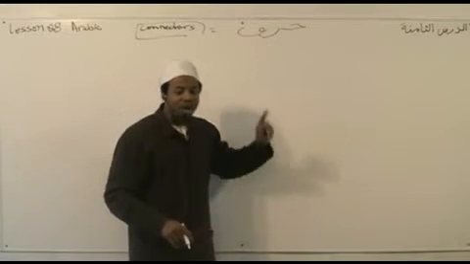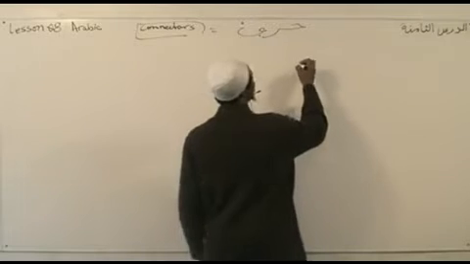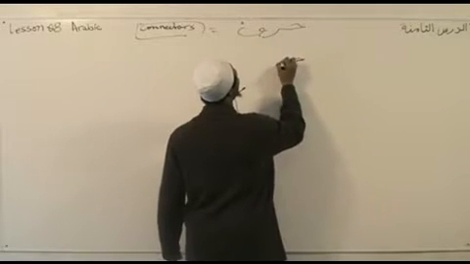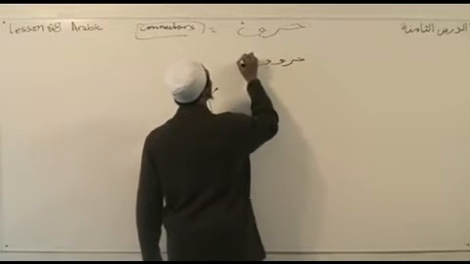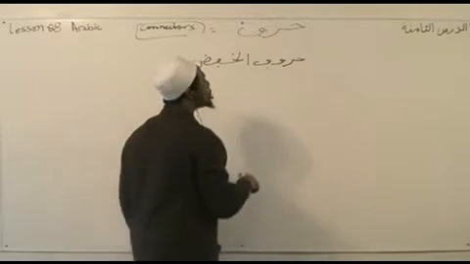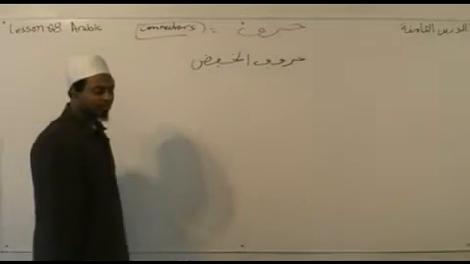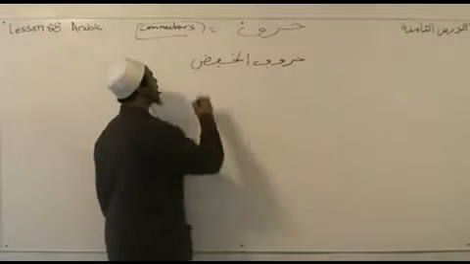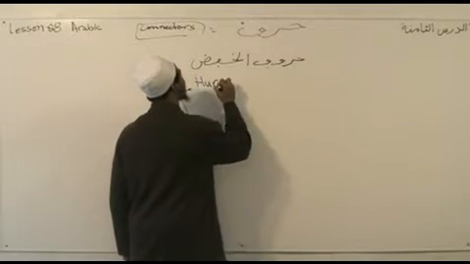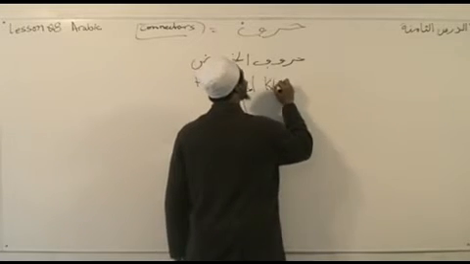Now, the ones we're dealing with regard to an ismun. The connectors that come before an ismun are called huruful khafdi. Say huruful khafdi. I'll write it out in transliteration.